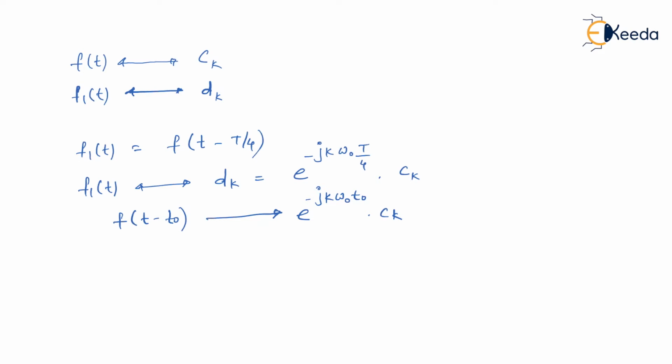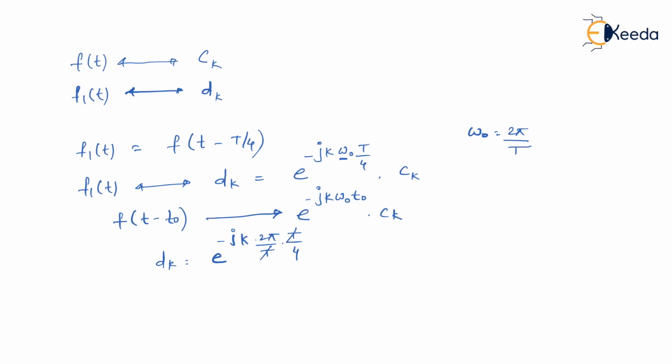Is that right? Then I can write dk equal to e to the power minus j k. Now you know that omega naught is nothing but 2 pi by T. So I am replacing omega naught with 2 pi by T, times T by 4.